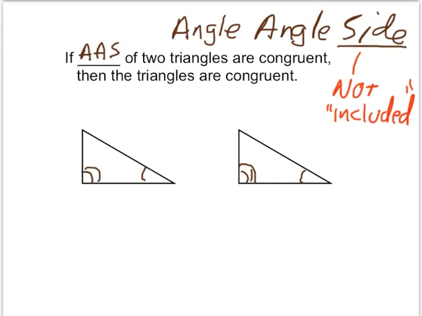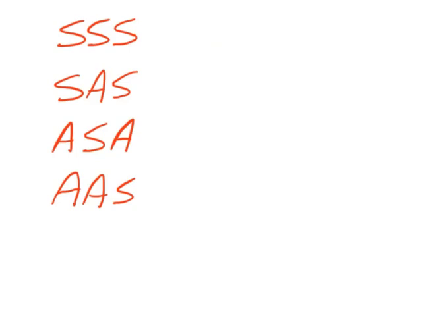Now it's possible that if these sides were congruent, then we would follow angle, angle, side. And again, it's kind of like the order in which you see the things. Here's angle, angle, side, angle, angle, side. So we have those four theorems that we're dealing with: side, side, side, side, angle, side, angle, side, angle, and angle, angle, side.